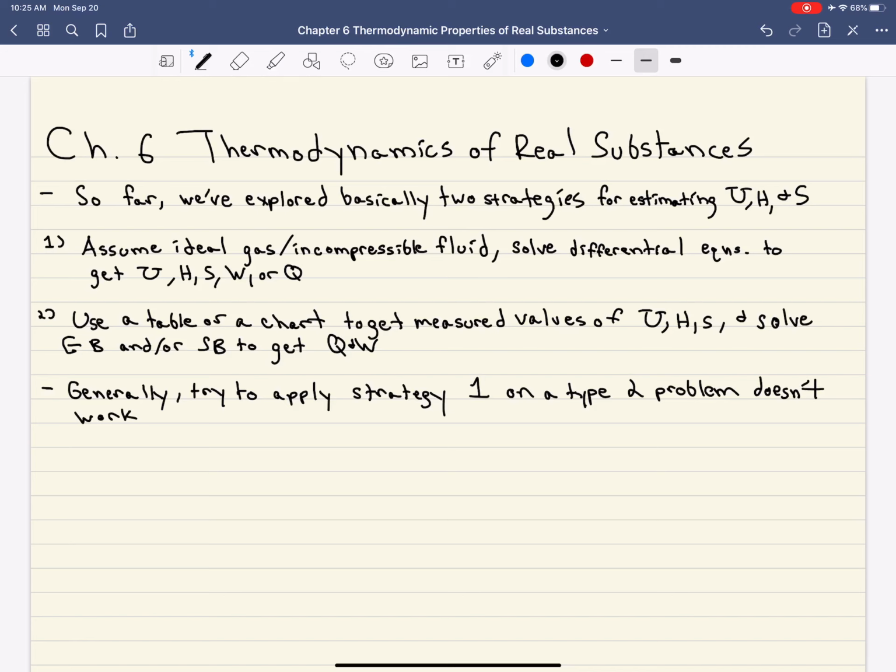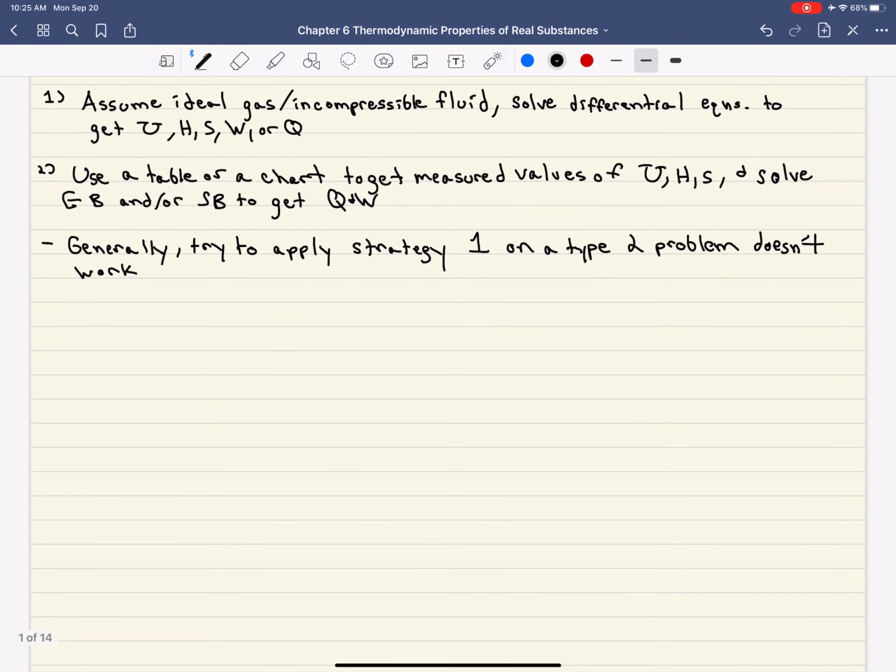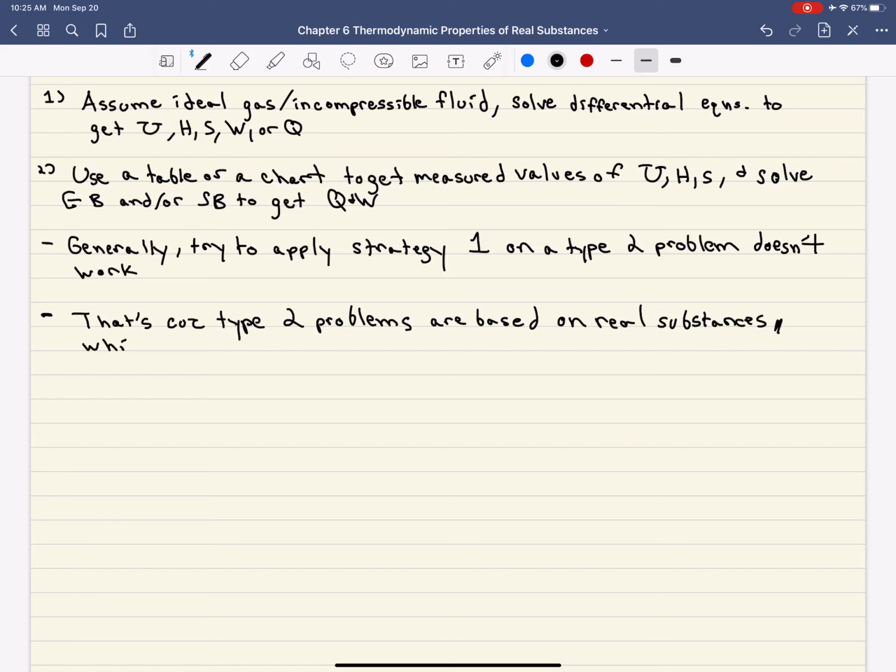Okay? And the reason for that is because these type 2 problems are dealing with real substances. So type 2 problems are based on real substances. Okay? And real substances are not ideal. They're real.